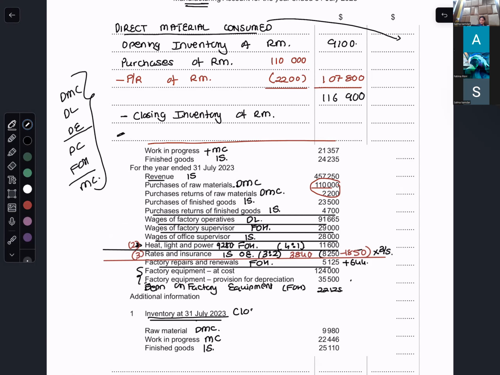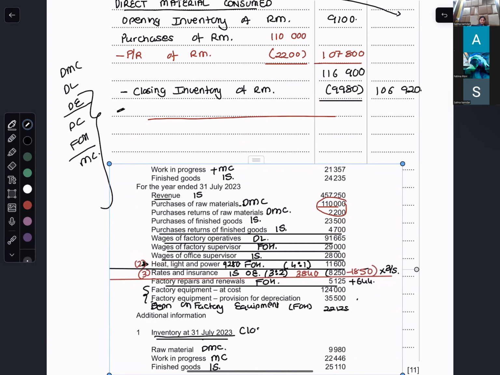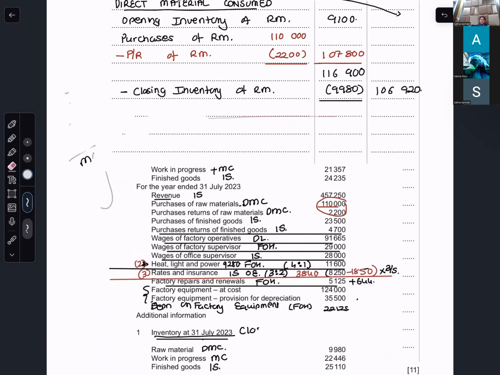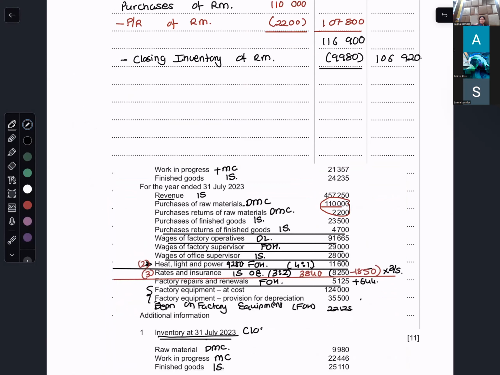How much? 9,980. So I will get my main answer outside. 106,920. Are you with me? Yes. Please remember there can be a sum without direct expenses, but there can never be a sum without direct wages. So direct material consumed is done.